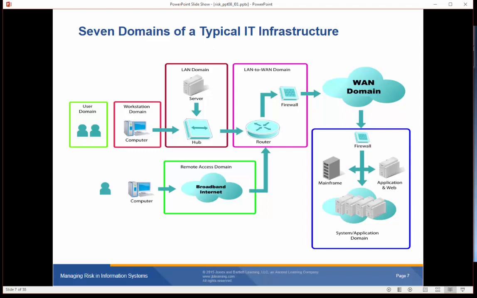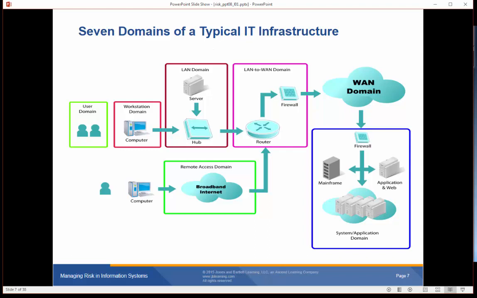So if you can, write down each one of the 7 domains as you see on the screen here: the user domain, the workstation domain, the LAN domain, the LAN-to-WAN domain, the remote access domain, the WAN domain, and the system application domain.